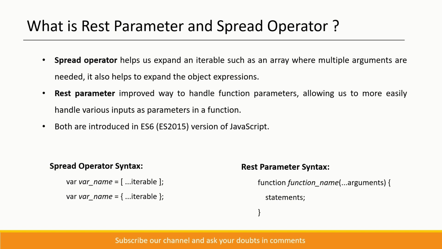Rest parameters are mostly used in function arguments. Inside the function arguments we use the same three dots with the iterable name, and inside the function we use the values one by one. So let's see the rest parameter and spread operator at code level.